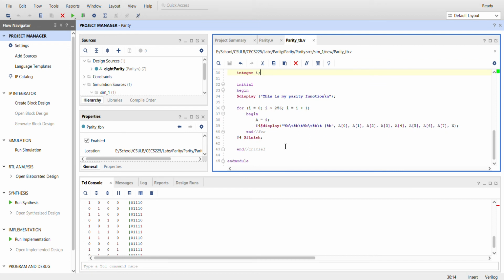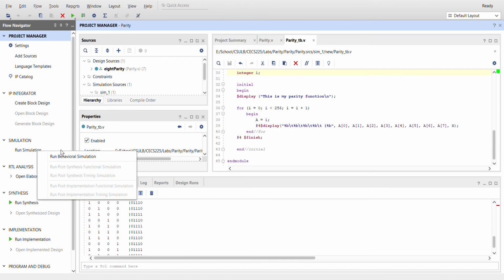I actually based this off of the demo we were given, so the display was there for a reason. I changed it a little bit so that it was based off of 8 bits instead of just 4.